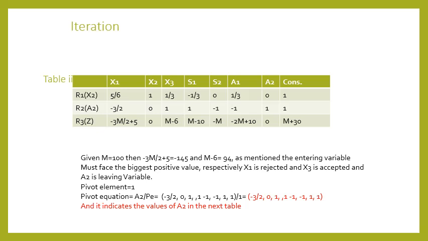Table 3 or iteration number 3. So this table includes x2 as the basic variable instead of A2, and the new A2 impacted by the entrance of x2 as basic variable, a new Z impacted by the entrance of x2 as basic variable.